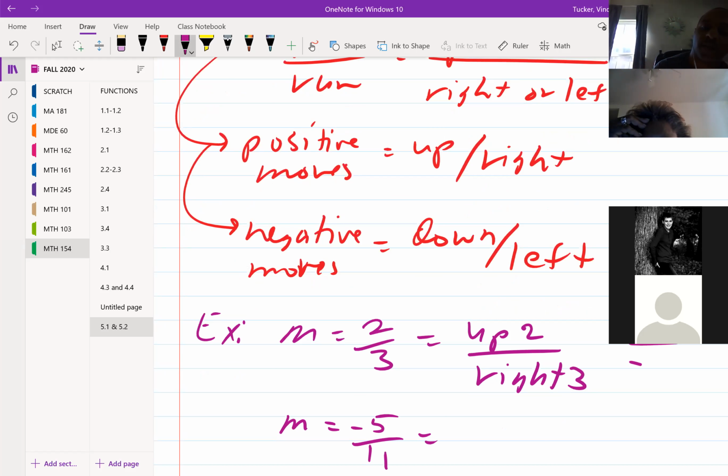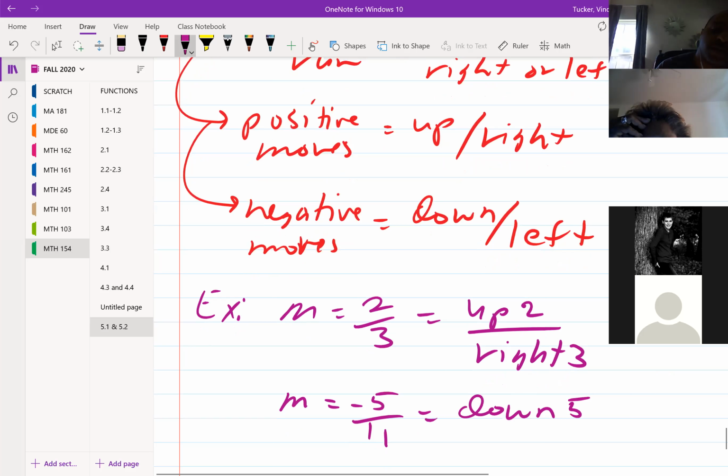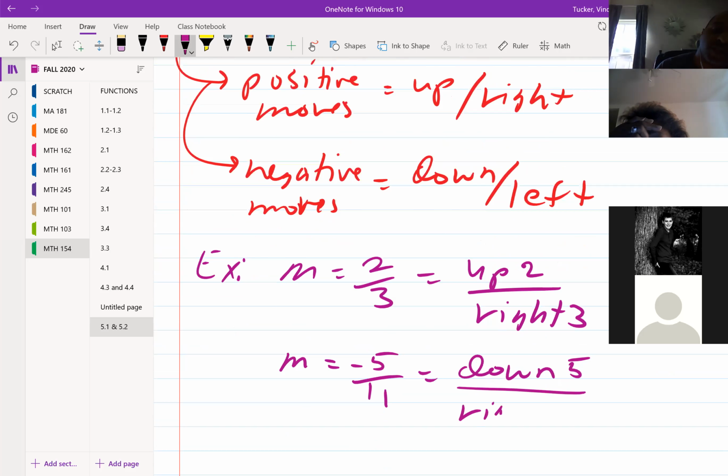Negative over negative would be positive, and you don't have two negatives, you just have one negative. So I would give the negative to the top number. So that'll be down 5, right 11. So you have a -5 over a +11. So before we go back to the problem we were looking at, questions on the instructions that your slope gives.